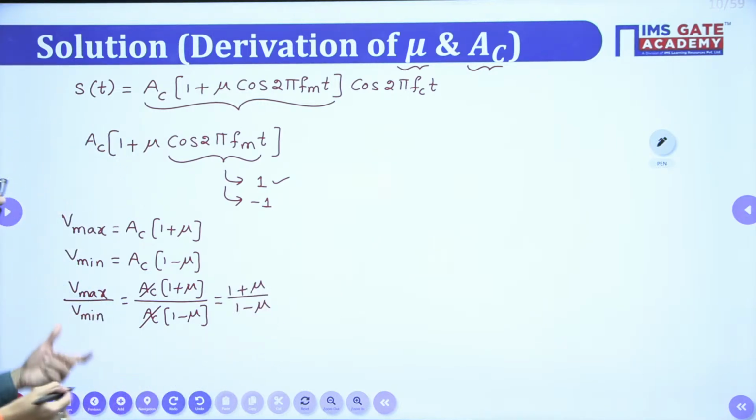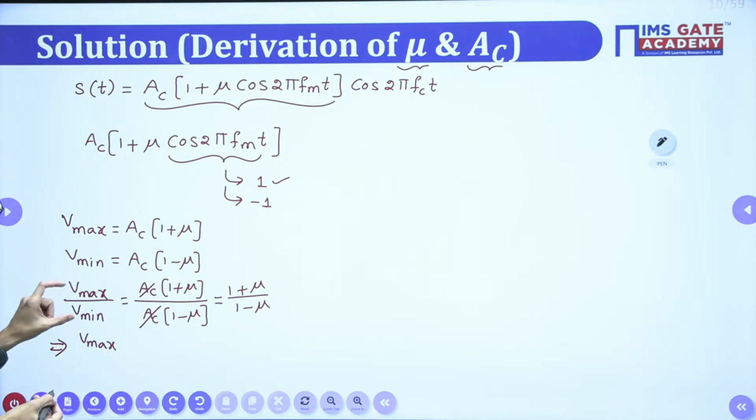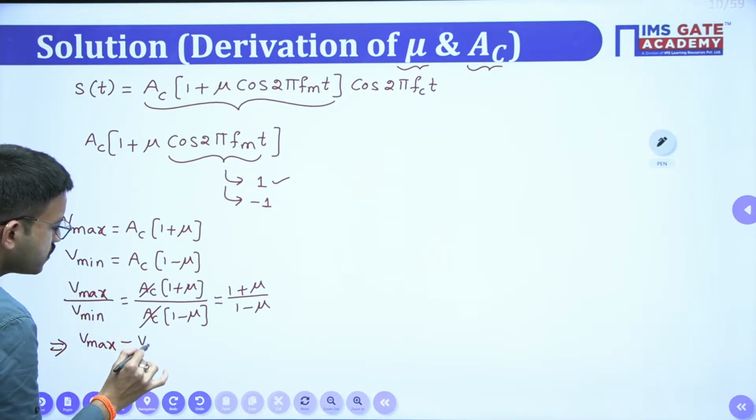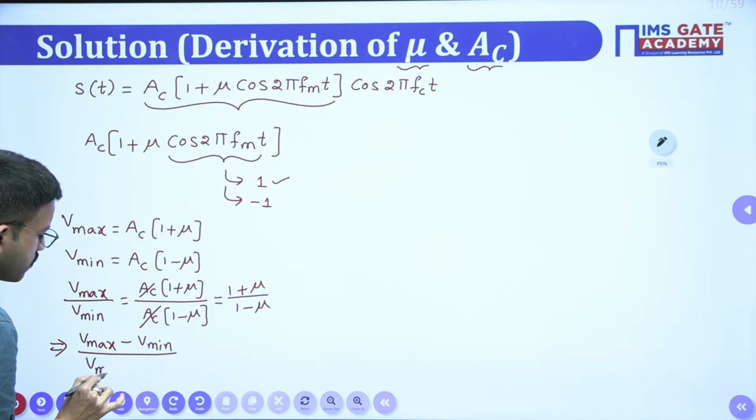So you can apply componendo and dividendo rule. From there, for now I am performing the subtraction operation in the numerator, and in the denominator I will perform the addition of these two. Vmax minus Vmin divided by Vmax plus Vmin.